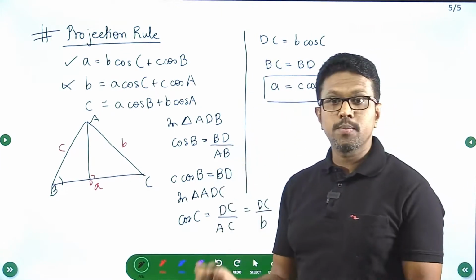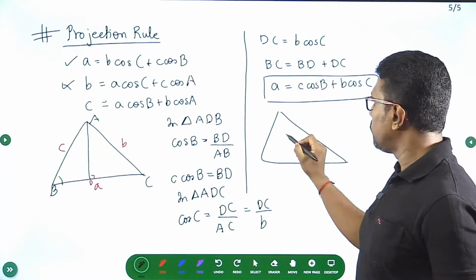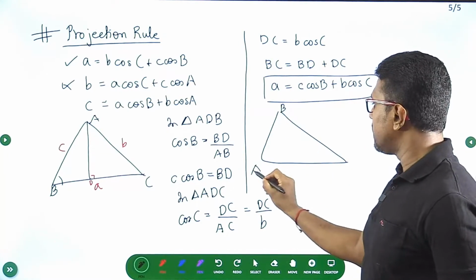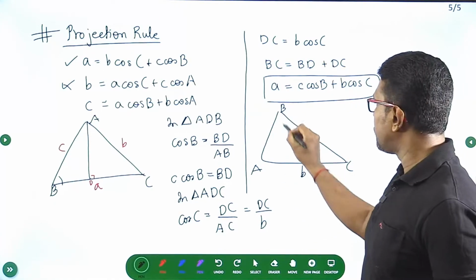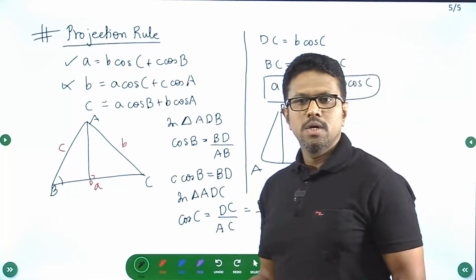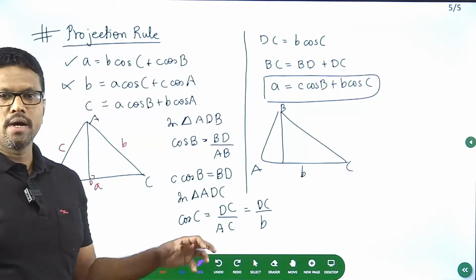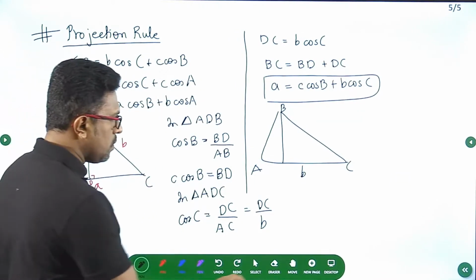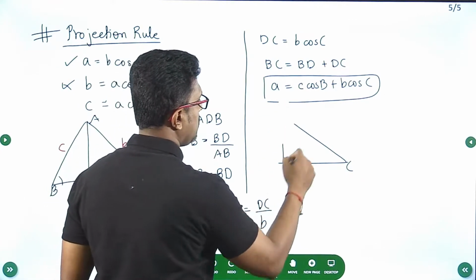Of course, if I want to prove B, what should I do? I will have to take the triangle as BAC, so that B comes over here, and then draw the perpendicular from here. Keeping that in mind, we can get the proof for B also, and also for C. We can do it in any of the methods that we want.